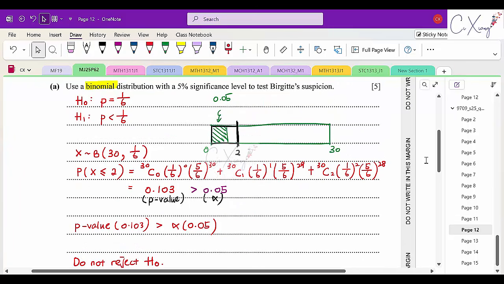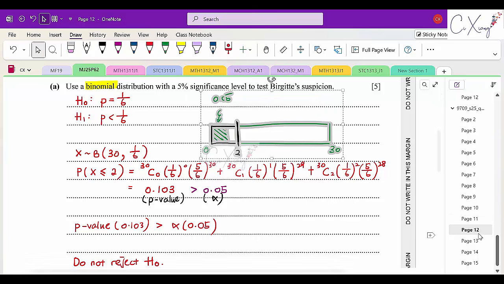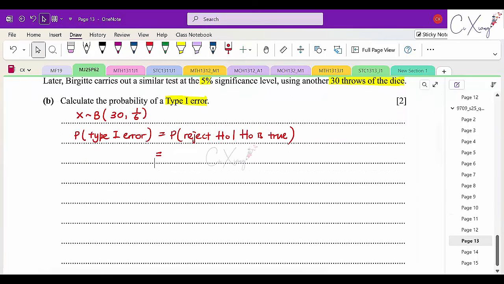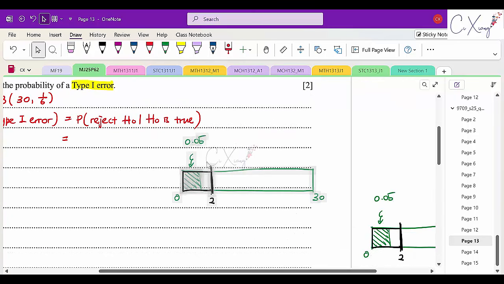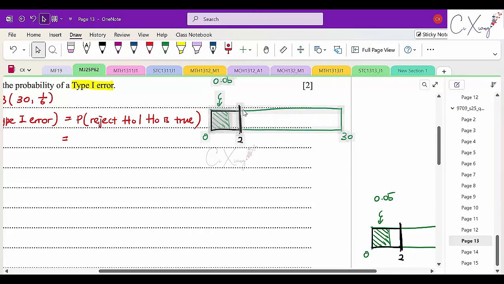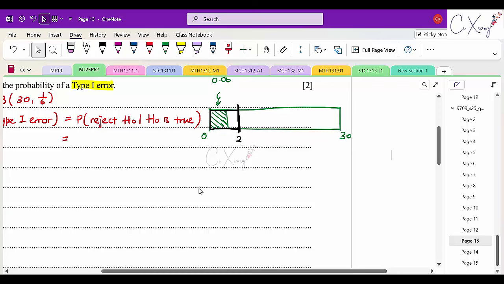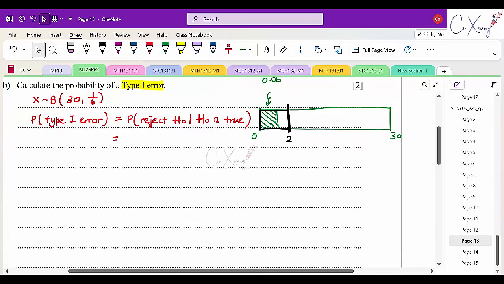Let's have a look at this question here. Just now we carried out the test, and this is the unofficial diagram that I drew. We cannot draw this in the real exam because it is not a correct graph, but to me it is very helpful. So let's look at the result that we have just now.